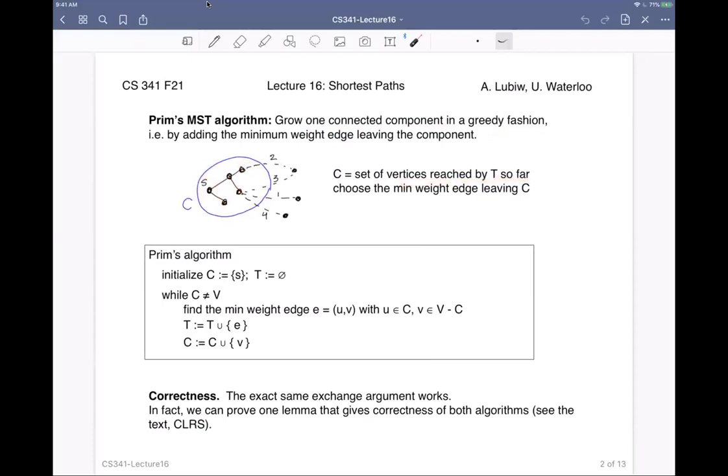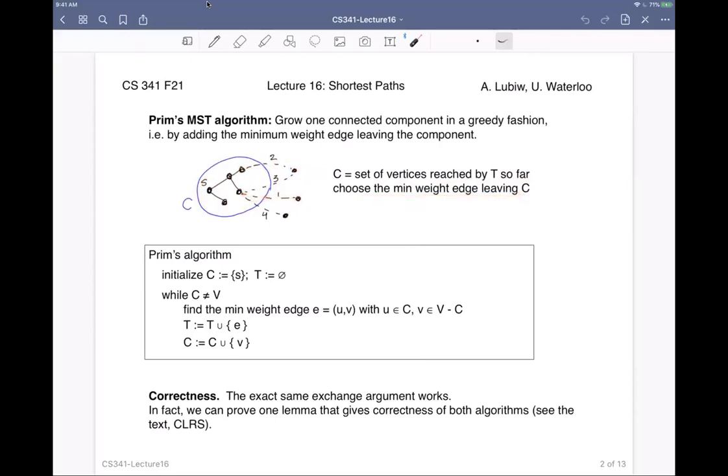I have various other vertices that I haven't reached yet, and some edges cross from the set C to the vertices I haven't reached yet. We are greedy in the sense that we pick the minimum weight edge that crosses from C to a vertex not in C. So we choose this minimum weight edge leaving C at each step.